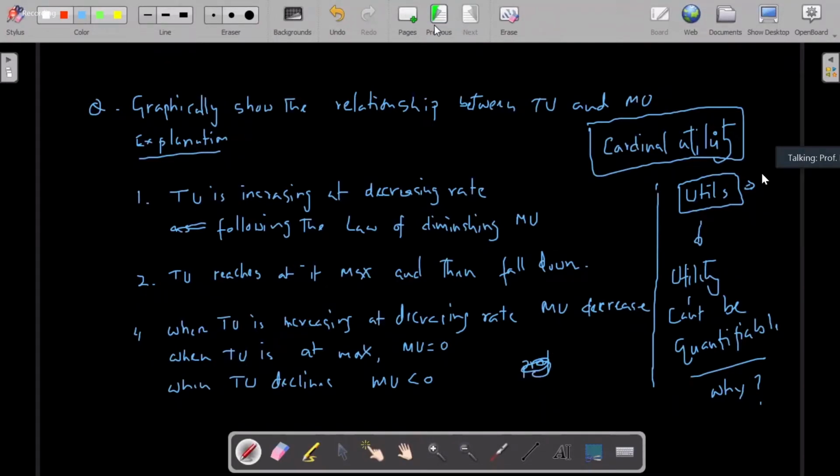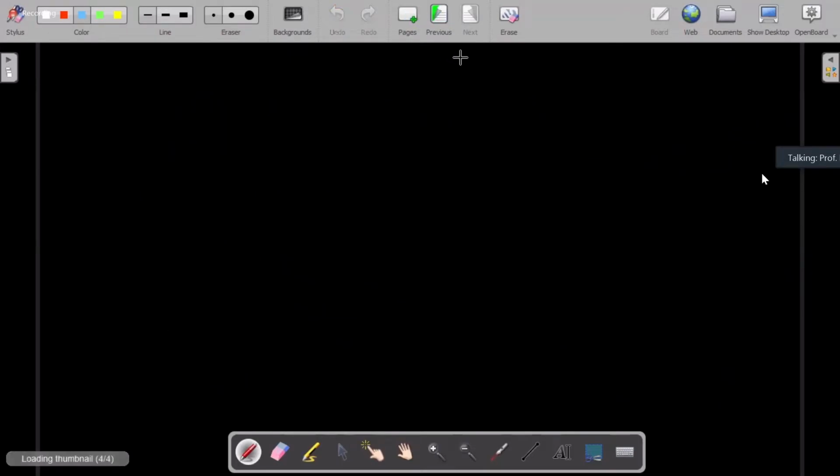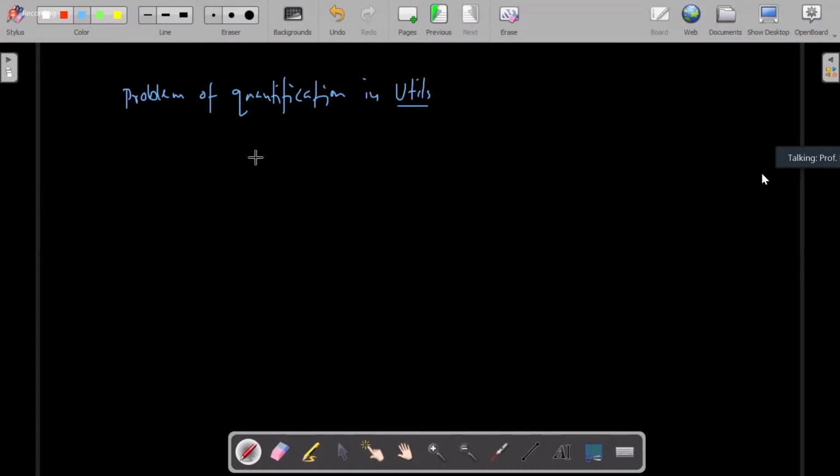Let us go to the next page. The problem of quantification in utils. What is the problem? The problem is called interpersonal comparison.